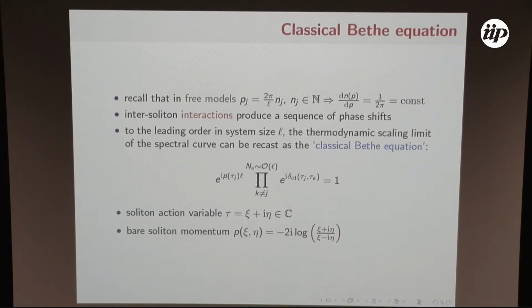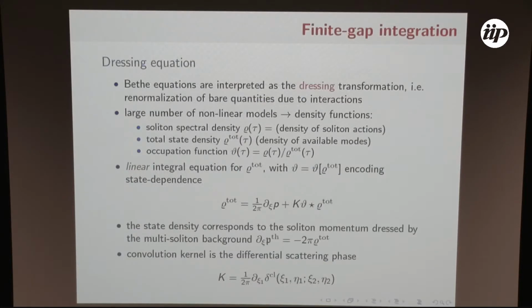So now I have basically a gas of soliton action variables, and I can employ the standard machinery, the standard Bethe ansatz logic if you want. I go quickly through this.